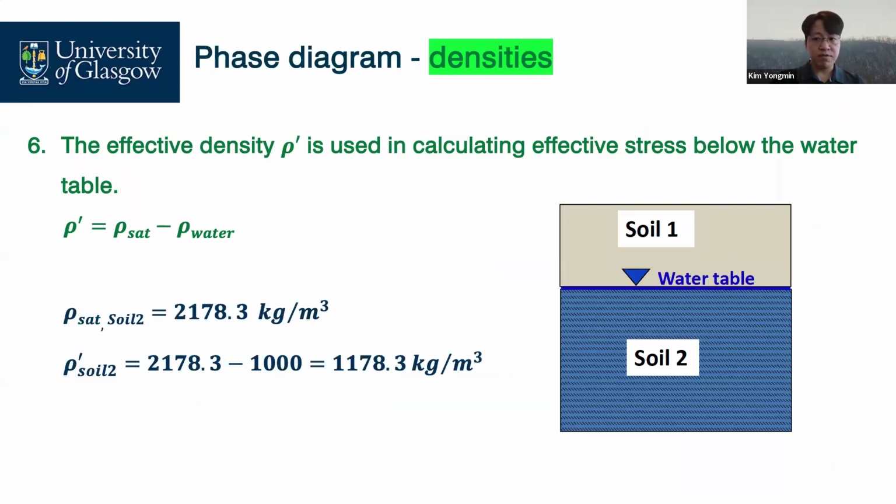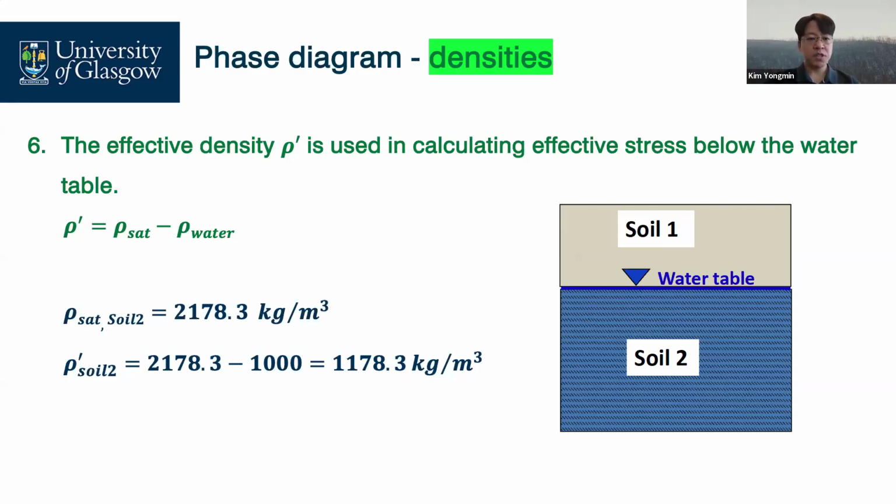Let's think about the effective density, which we can also call submerged unit weight. The effective density rho prime is used in calculating the effective stress below the water table. I just mentioned effective stress, meaning soil particles are in contact with each other, and we only consider the stresses acting on the contact surface.